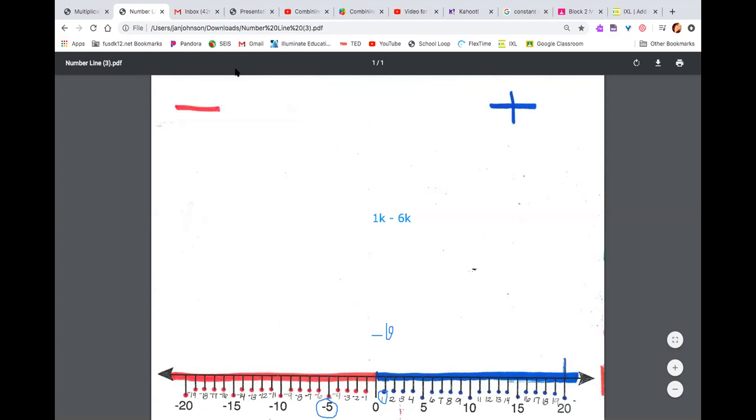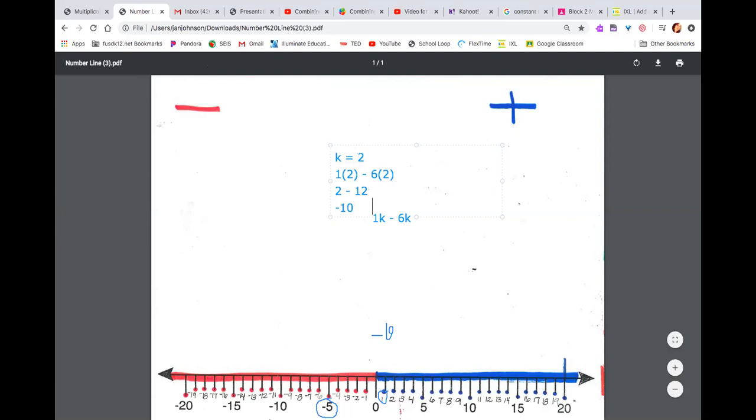So again, there's different ways you can do this. If you want to plug in a number, like I'm going to make k equal to 2, I could say 1 times 2 minus 6 times 2. And then you have to say 1 times 2 is 2, 6 times 2 is 12, and then you'd say that's -10.